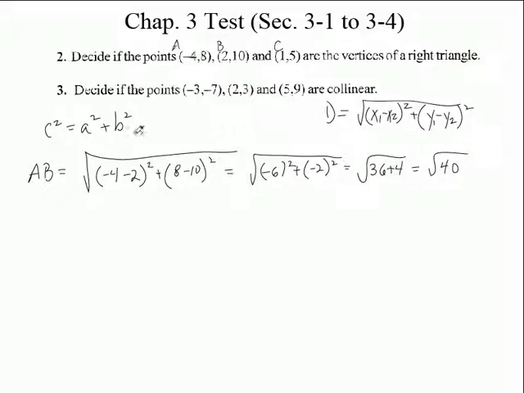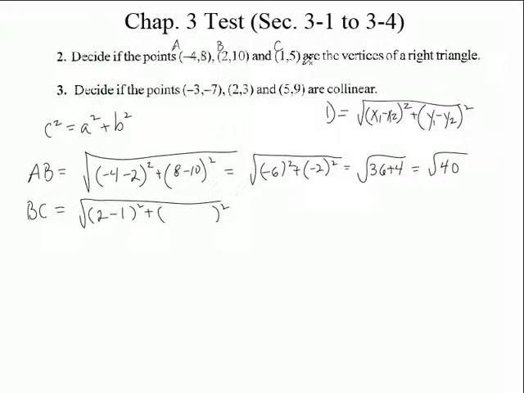Now let's go BC. So let's see the distance between BC. Once you know this distance formula, it's really not that hard to do. I like to do this first. Put my parentheses in, my squares. Then all I got to do is put my x's in there, my y's in here, subtract them. So again, we're going between B and C right here. So 2 and 1 are my x's, so 2 minus 1.